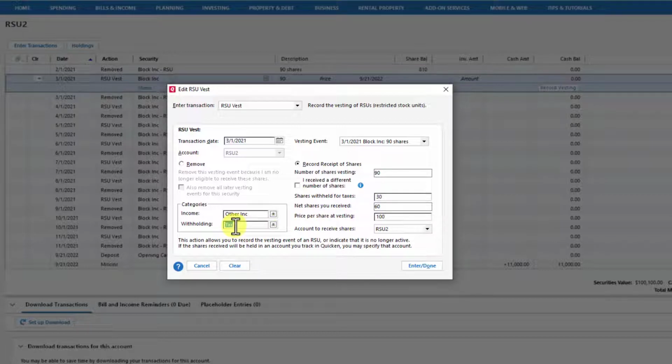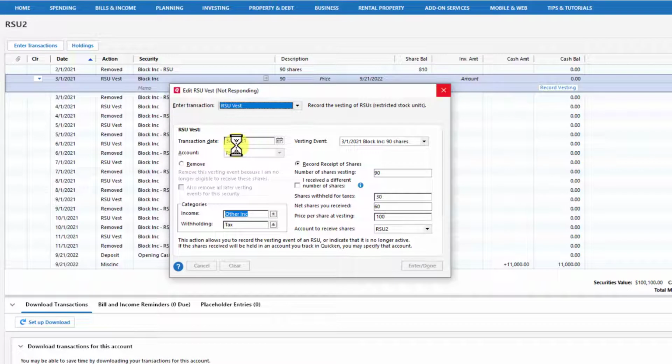So I'm anticipating $3,000 in tax, and then there's other income, and I'm anticipating 90 shares times 100, so $9,000 in other income. So let's go ahead and hit done and confirm if we see those entries as of March 1st, 2021.